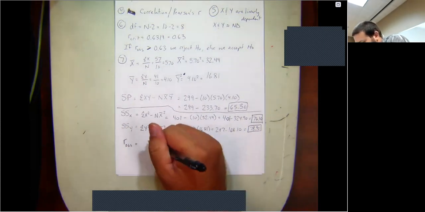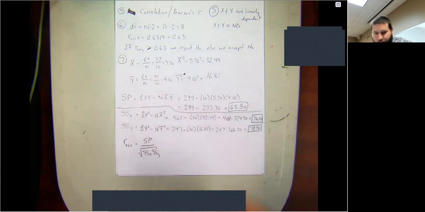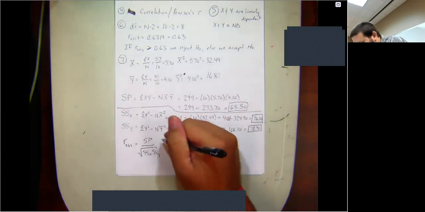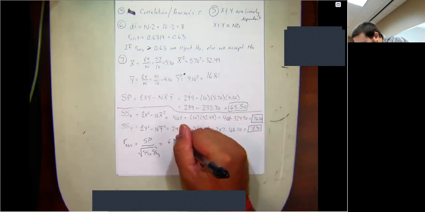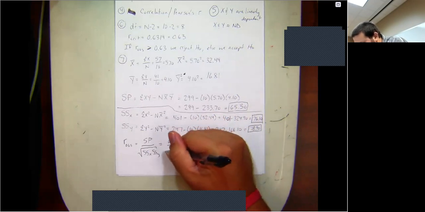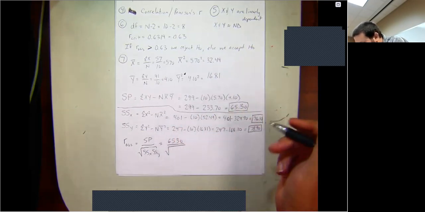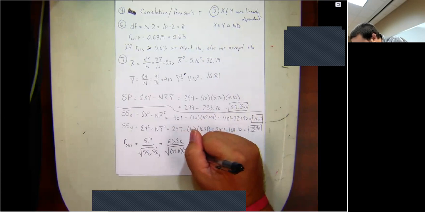And this is SP over the square root of SSX times SSY. SP is 65.3, SSX is 76.1, SSY is 78.9.